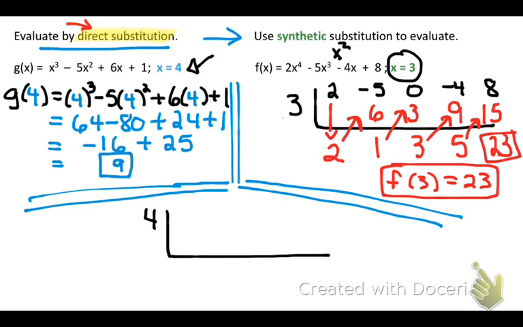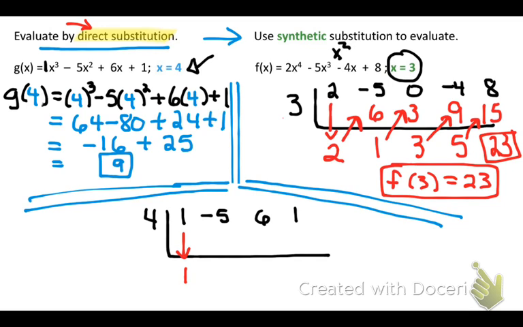So I put my x value to the left, then we'll put our coefficients, so 1, -5, 6, and 1. Then we say, oh, first we have to bring down the 1.